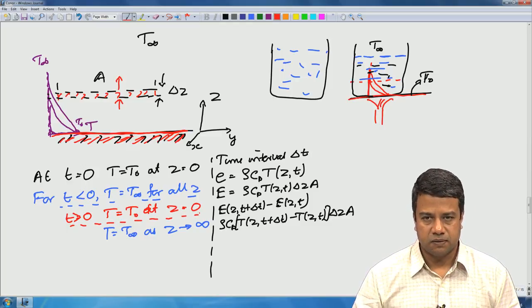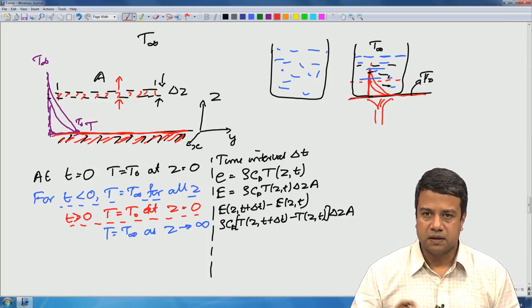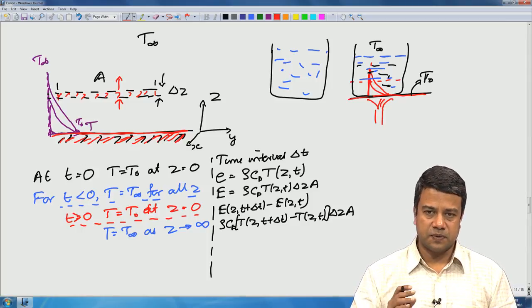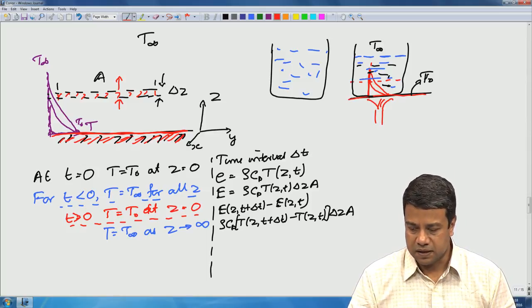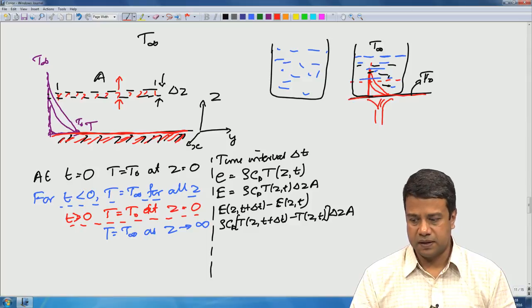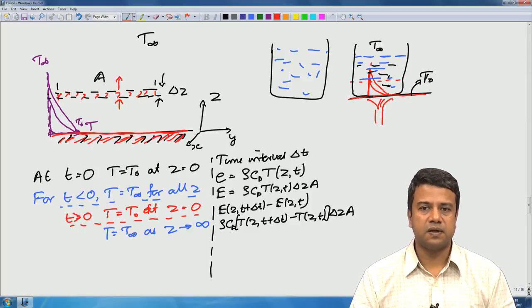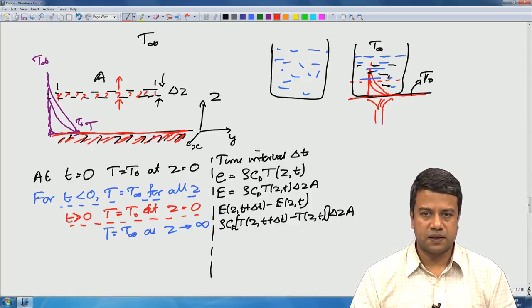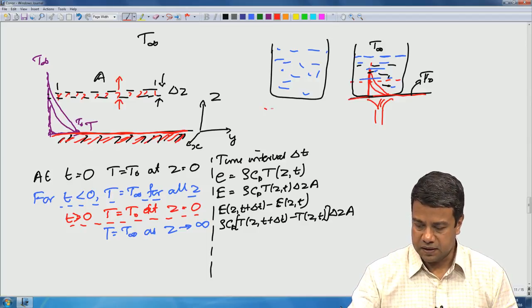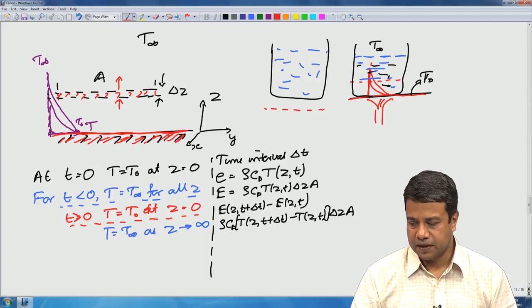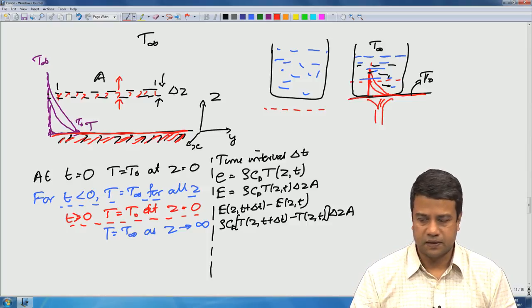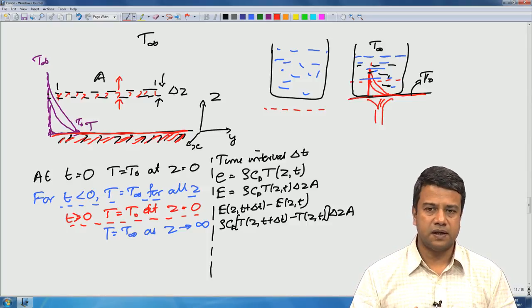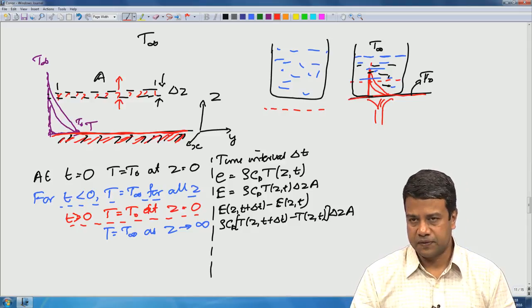However, since we have considered this as an infinite fluid, far from the surface, the temperature is still equal to T infinity. And I tried to explain to you that this could be an idealization of a problem where you are trying to heat a fluid in a container. Initially, the temperatures are constant everywhere, and at time t is equal to 0, you heat up the fluid from the bottom, and therefore, the heat will diffuse up the fluid.